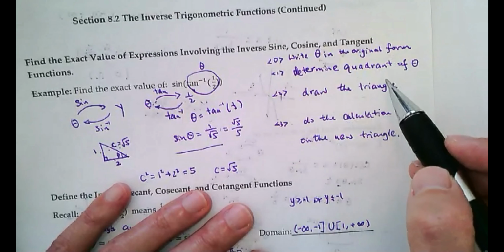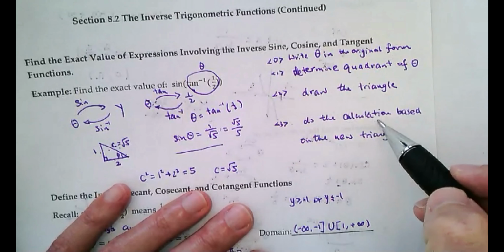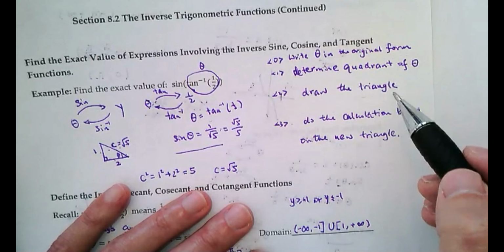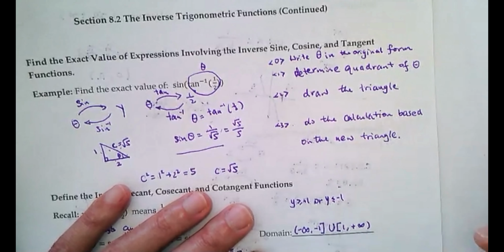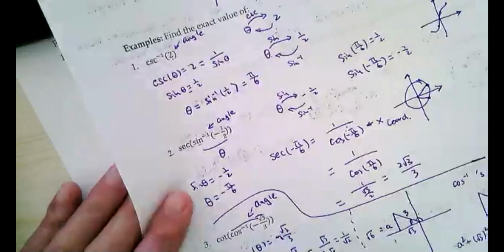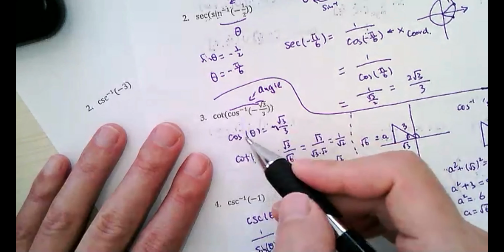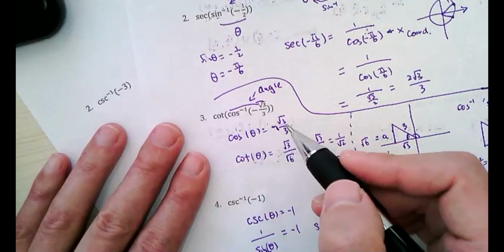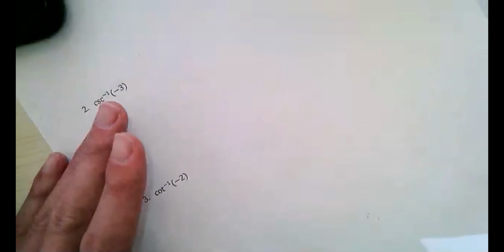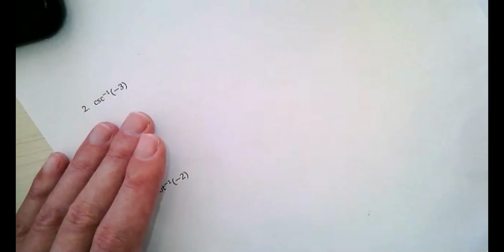Those are the general steps we followed in our last question. When you are doing a complex one, those are the general steps you should follow. First, we write the angle in the original form. Then we determine it is in the second quadrant.